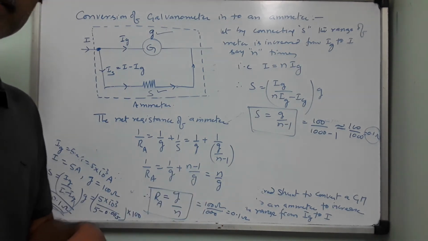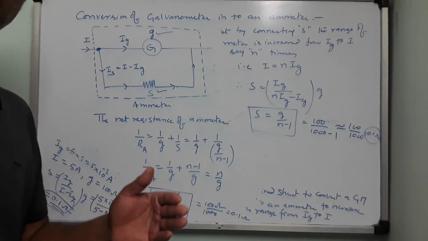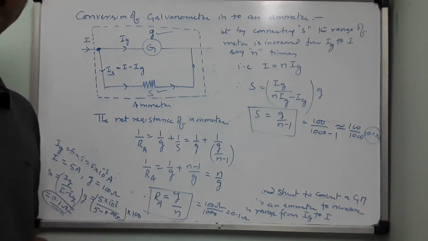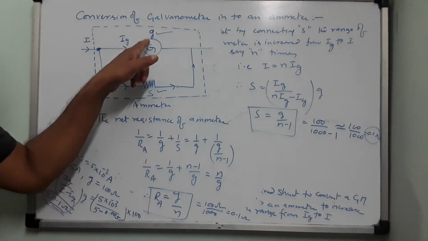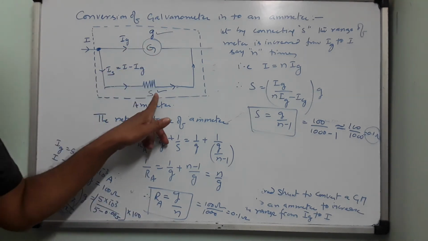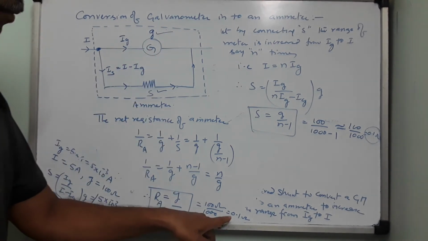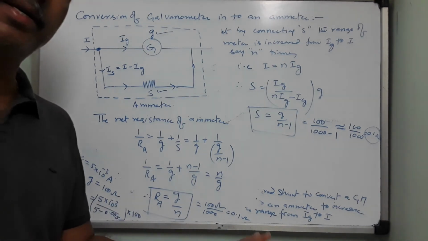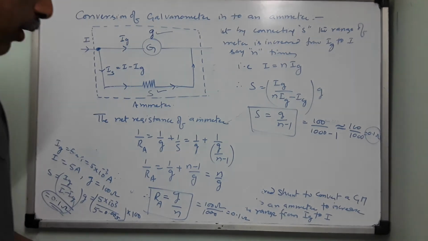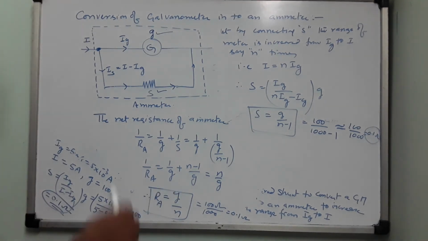Because we have the concept that when two resistors are connected in parallel, the net resistance will be smaller than the smallest of the combination. In the combination of these two, S is the smallest at 0.1. So the answer should be less than 0.1. So this will be 0.98 or 0.99 something you will get. So overall, what will be the resistance of your ammeter?